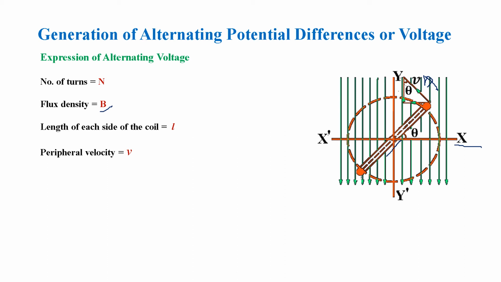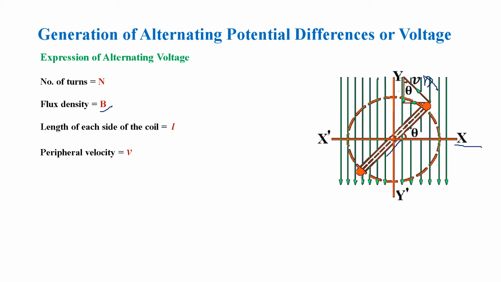When in horizontal position, the two sides of the coil move parallel to the lines of the magnetic flux, hence no flux is cut and no EMF is generated in the coil.